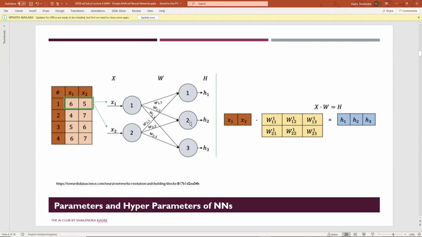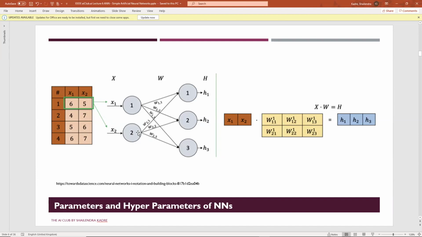Now, let us understand a little bit about the notation. First consider input neuron 1. The weight between the first input neuron and the first hidden layer neuron is W11. The weight between the first input neuron and the second hidden layer neuron is W12. The weight between the first input neuron and the third hidden neuron is W13.